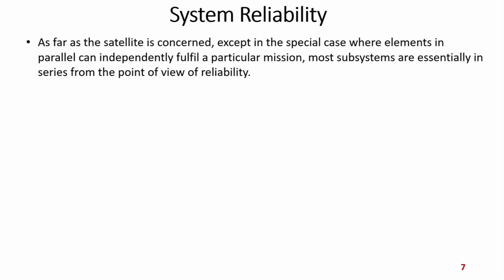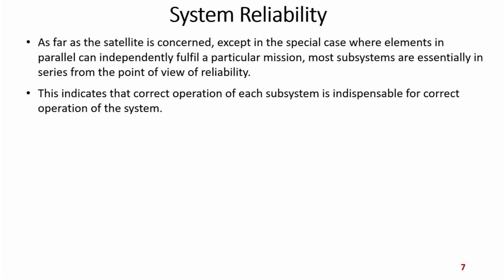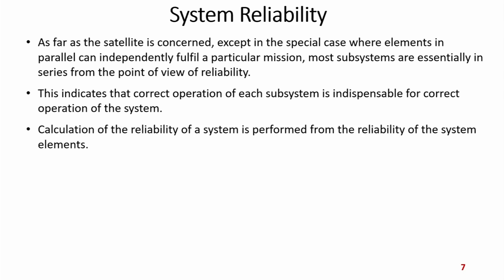Systems are built keeping the subsystems in series, or it can be in parallel also. So, we will consider the series as well as the parallel subsystem. Whenever the systems are in series, the correct operation of each subsystem is indispensable for the correct operation of the system. So, the calculation of the system reliability is performed from the reliability of the system elements, that is, the subsystems.